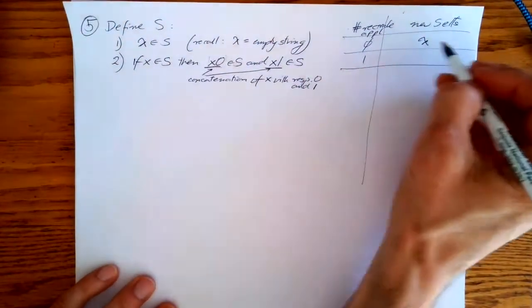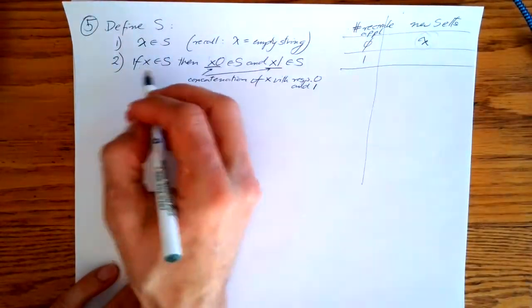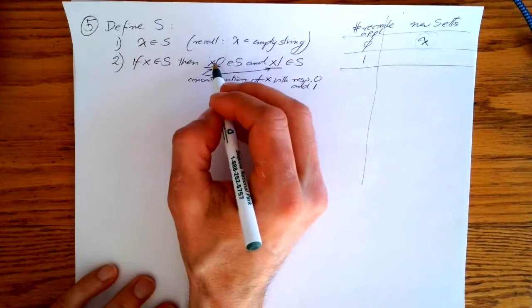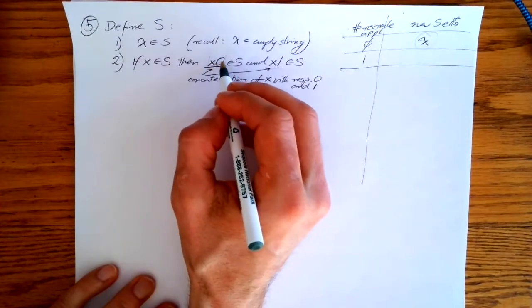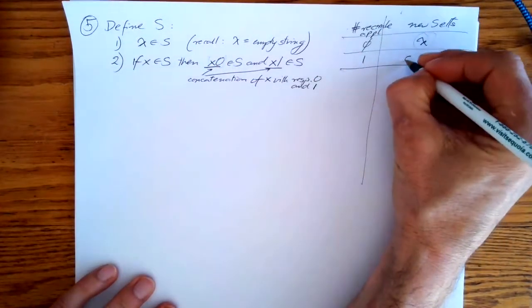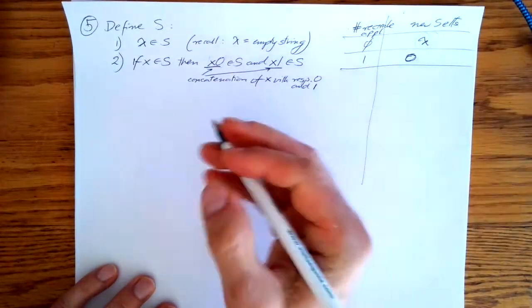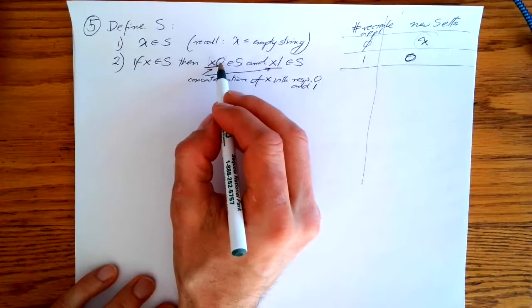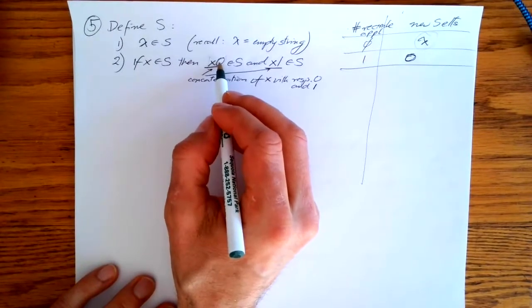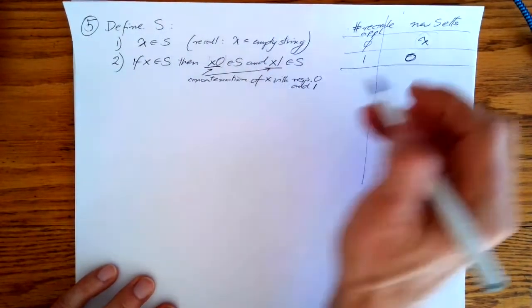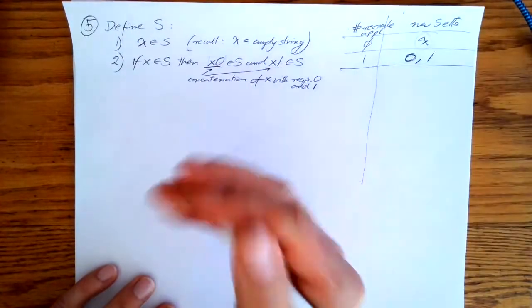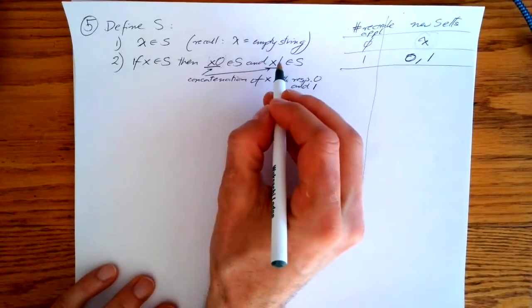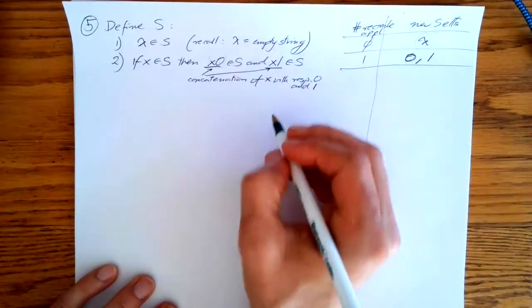So x is an empty string, right? The only way to instantiate it so far. So what is an empty string concatenated with a 0? It's a string with a single 0 in it, right? Because an empty string concatenated with something is that thing. Empty string concatenated with 1 is a bit string with a single bit 1.